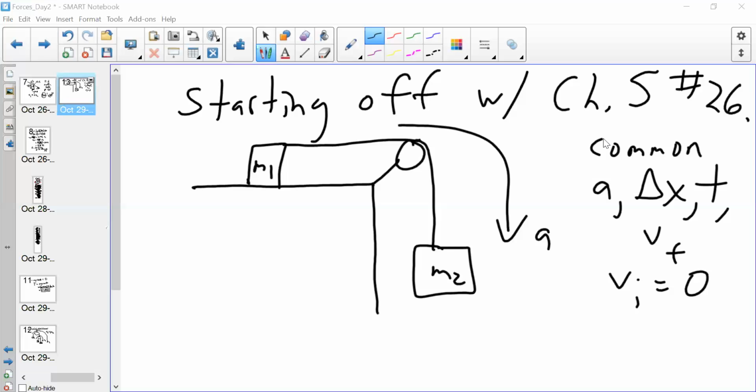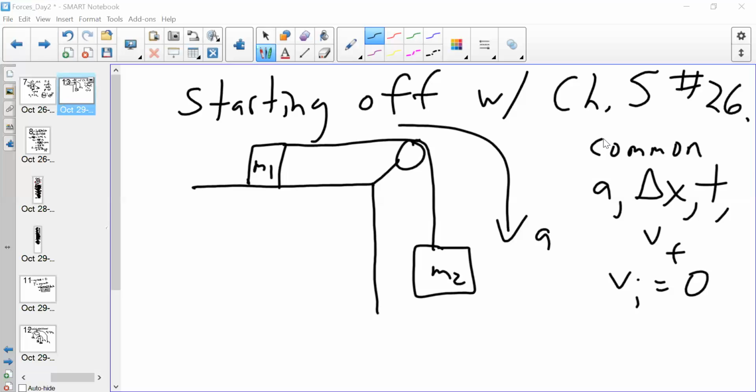And we've seen that in a couple of examples where we find the acceleration of the system, which is for both masses. Then we can use kinematics to find out how far they both traveled. It's not like one traveled one displacement and the other one traveled the other. They both travel the same displacement because they have the same common acceleration.